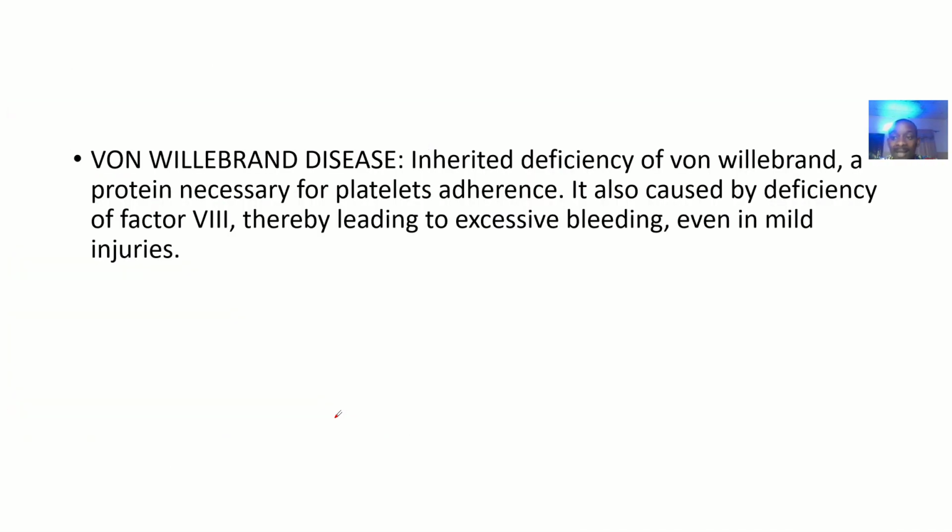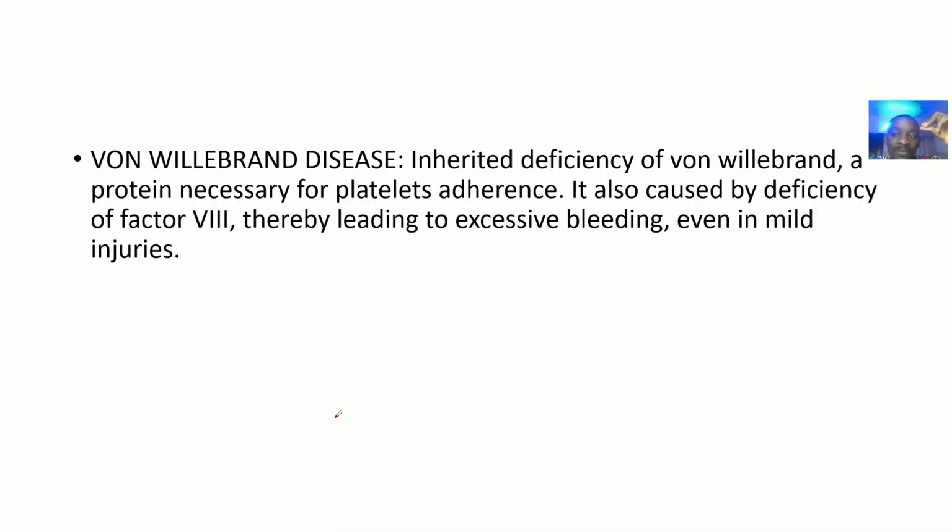Then we'll be talking about the last bleeding disorder, von Willebrand disease. Von Willebrand disease is an inherited deficiency of von Willebrand factor, a protein necessary for platelet adherence. You know that for clotting to occur, there's platelet plug formation, and those platelets adhere together.